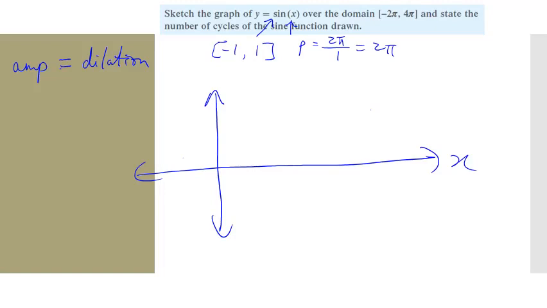So that means this repeats itself every 2 pi. So if we start off here, we'll do the first one. We have 1 cycle, which is up to 2 pi. So if we're going up to 4 pi, how many cycles do I draw? 1 more. Good.